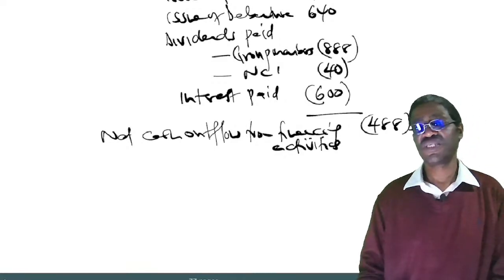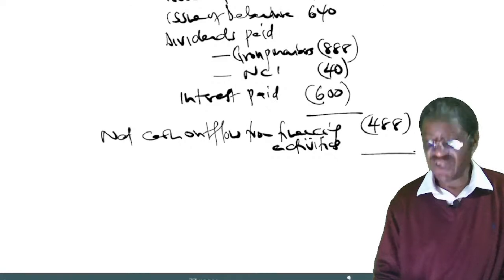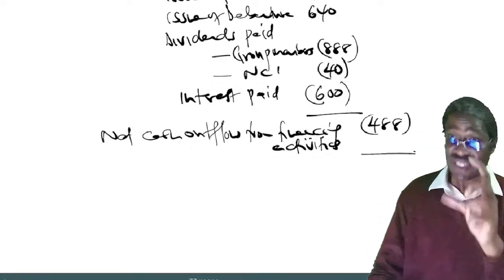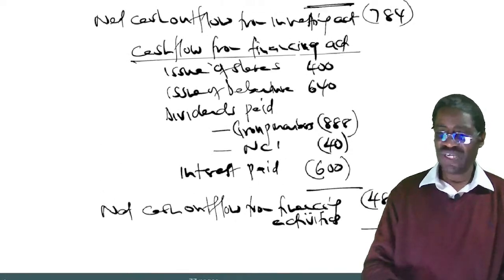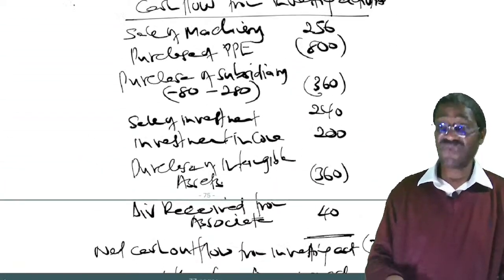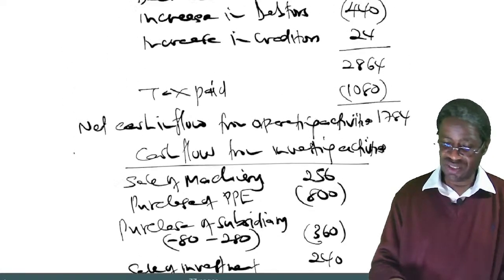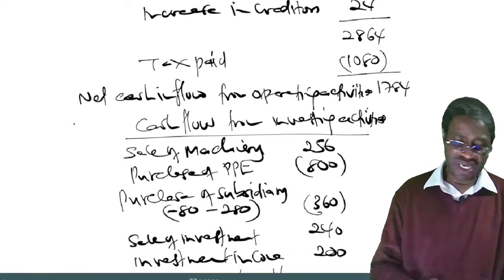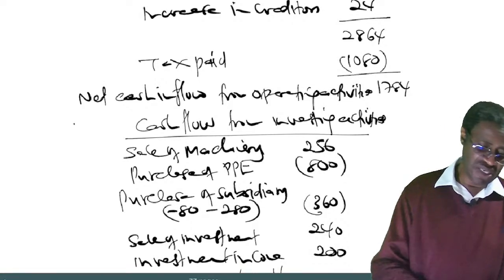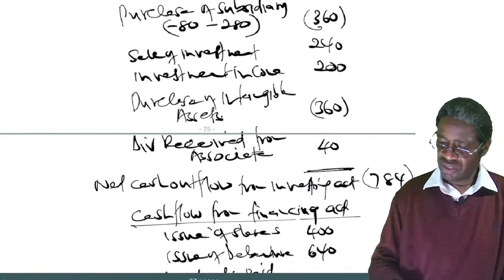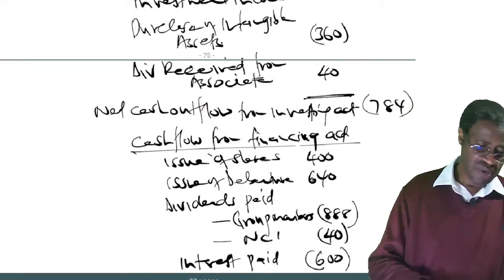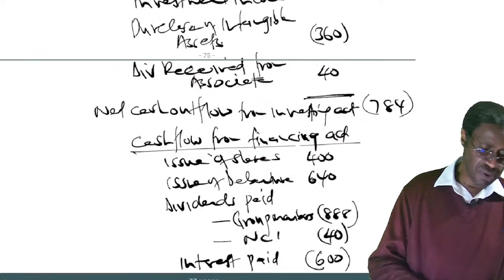Good. Then we get the net of the three categories now. Let's get the operating, the investing, and the financing. Our operating, I can see it up there, 1784, plus our investing, it's a negative, so I minus 784.